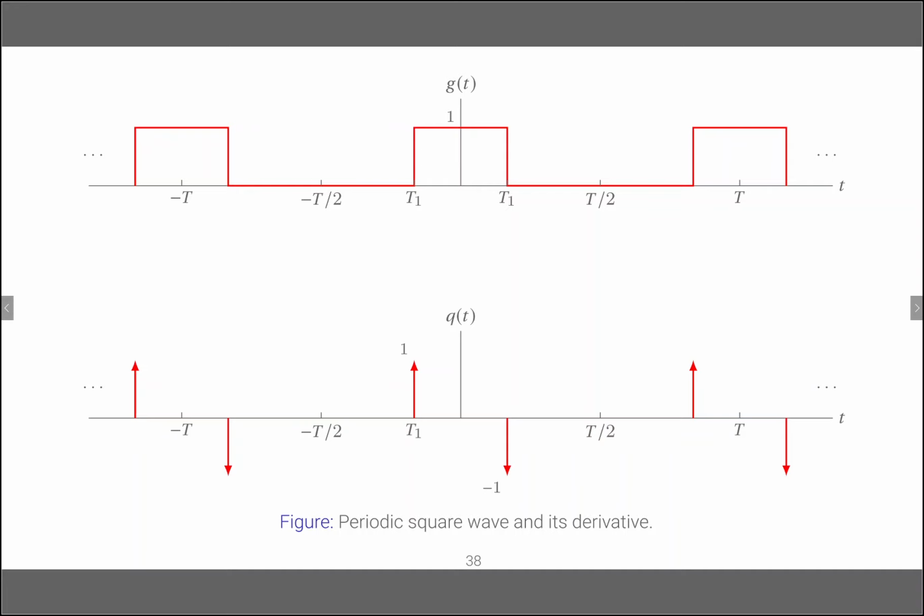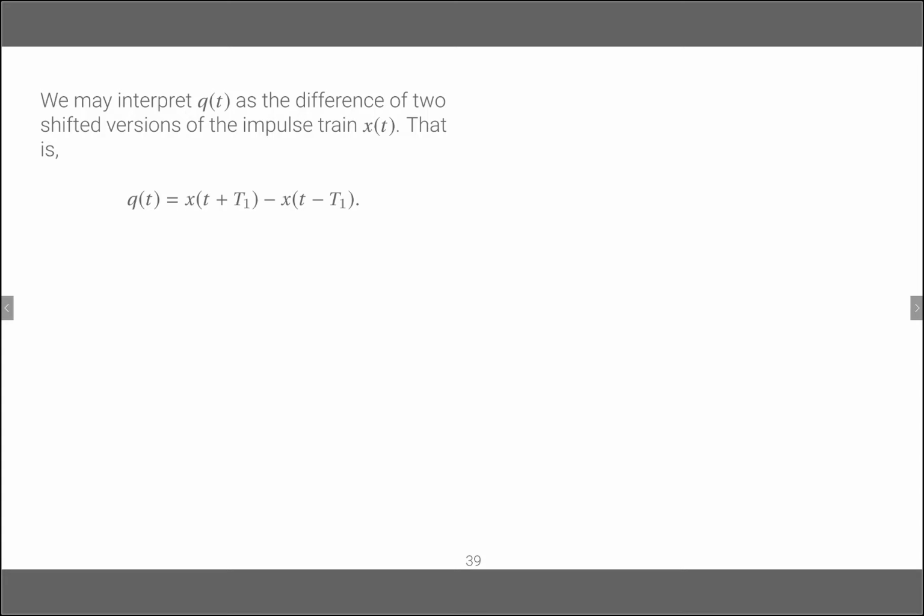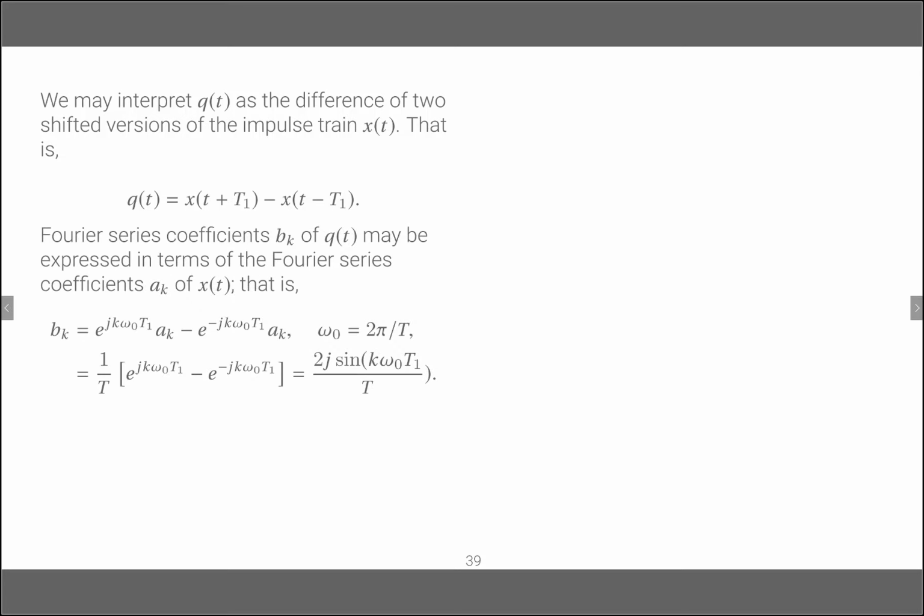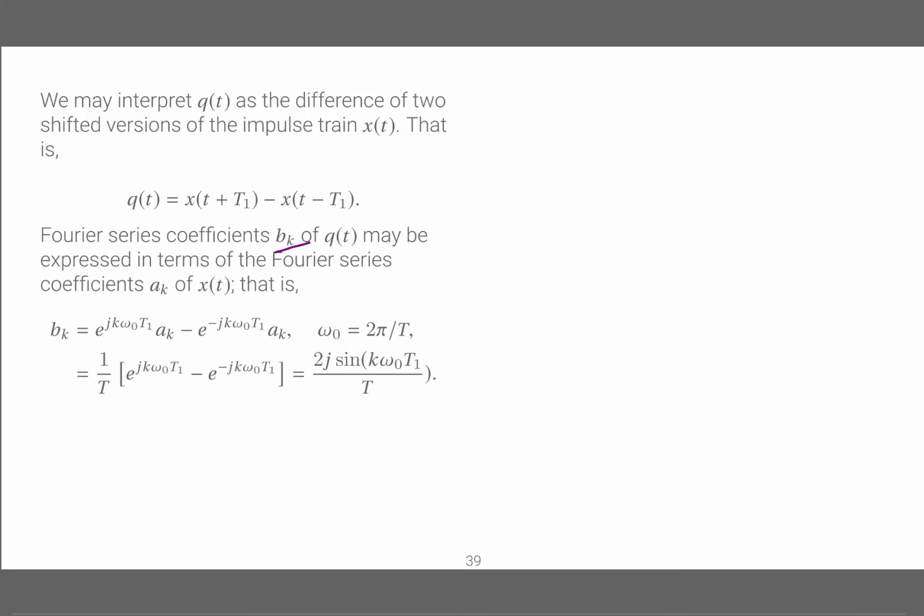Okay, so here is the derivative of that signal, and then we may interpret q(t) as a difference of two shifted versions of the impulse train x(t). That means q(t) is like x(t plus t1) minus x(t minus t1). So therefore, the Fourier series coefficients bk of q(t) may be expressed in terms of the Fourier series coefficients ak of x(t), that is e to the power of jk omega naught t1 ak, minus e to the power of minus jk omega naught t1 ak.